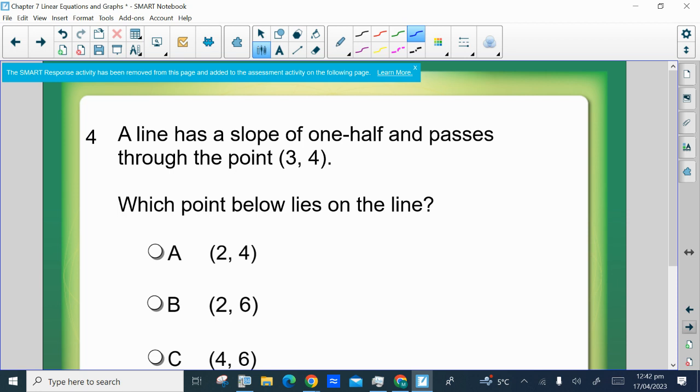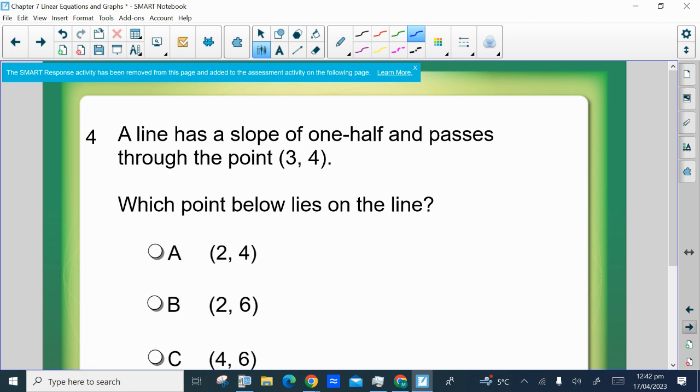The next one, a line that has a slope of 1/2 and passes through the point (3, 4). Which point below lies on that line? Okay, so because you're given the slope and a point on the graph, you can find the equation.